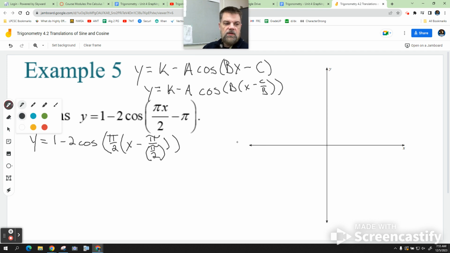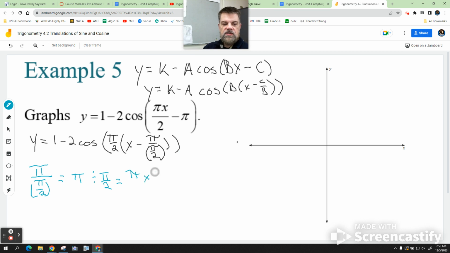On a side note, pi divided by pi over 2 is the same as pi times the reciprocal, 2 over pi. Why does that matter?